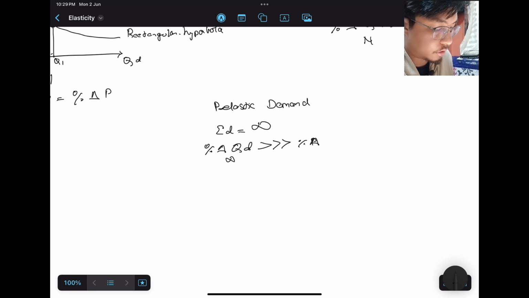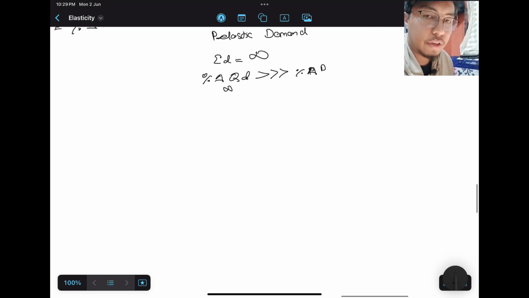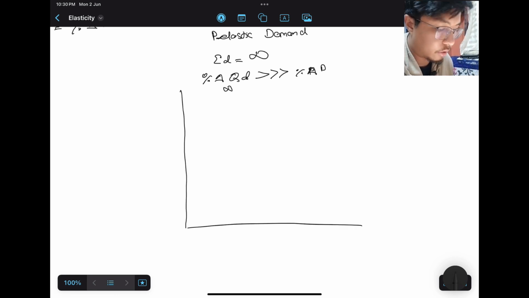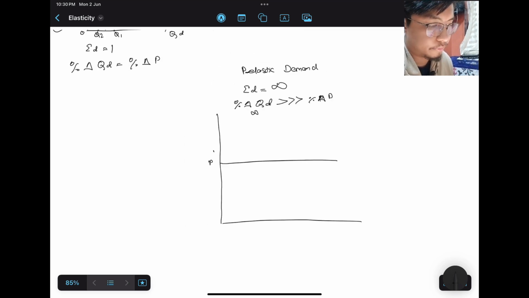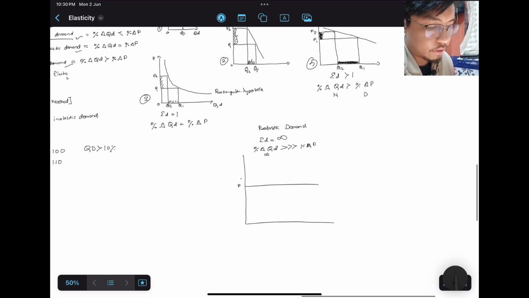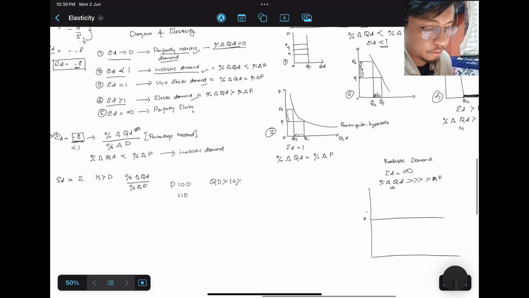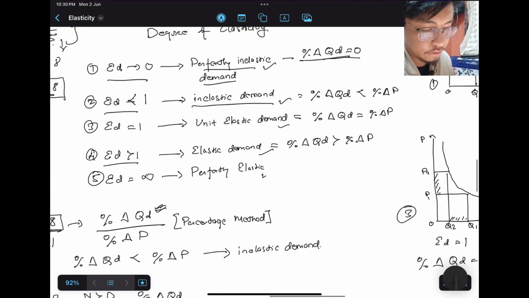This is a very hypothetical concept, it doesn't happen in the real world, but you'll have to know. So how do you represent this? This is a horizontal line. As soon as your prices change, your change in quantity demanded is very huge. So these are the different graphs with respect to your different degrees of elasticity.